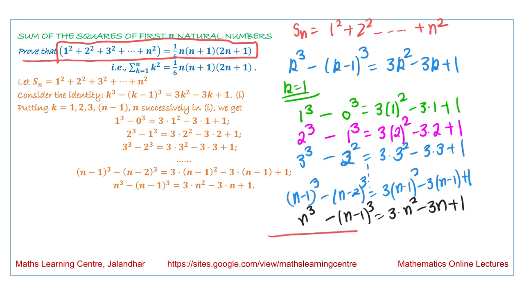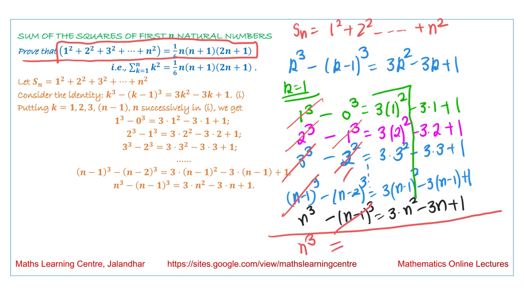Now if we add all these terms, we can see this 1 cube gets cancelled, this 2 cube gets cancelled, this 3 cube will get cancelled, and likewise all these terms get cancelled, and we are left with n cube. That is equal to, looking at the first column, we can take 3 common, and we can write 1 square plus 2 square and so on up to n square.